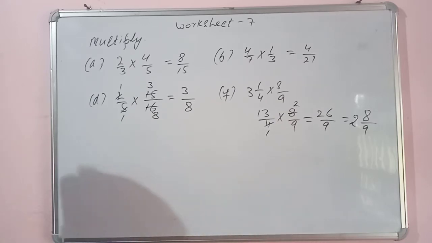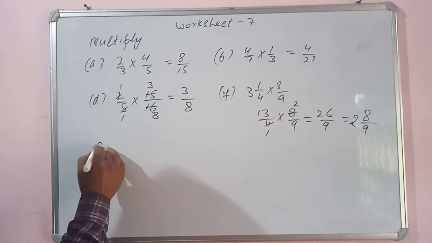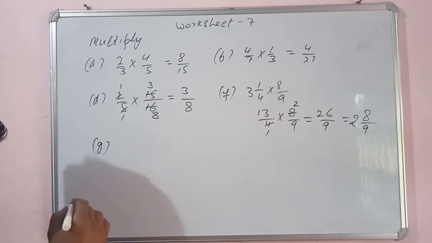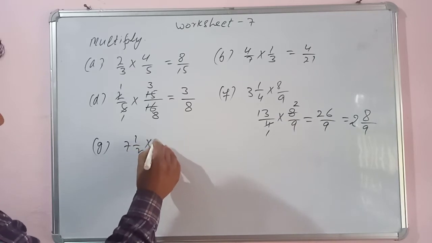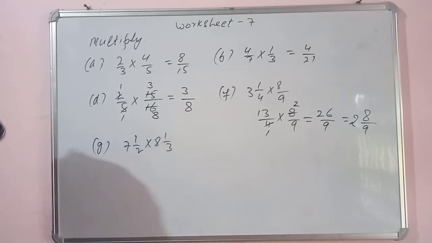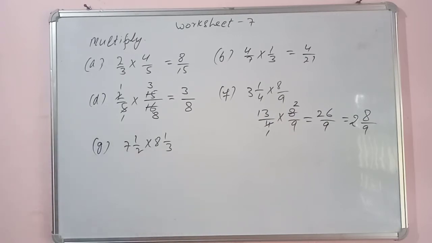And if both the numbers are in mixed fraction, then how can we solve? So in the G part there is the question 7 and 1 by 2 multiply 8 and 1 by 3. In this question both the fractions are mixed fractions. So we will convert both into improper fractions.